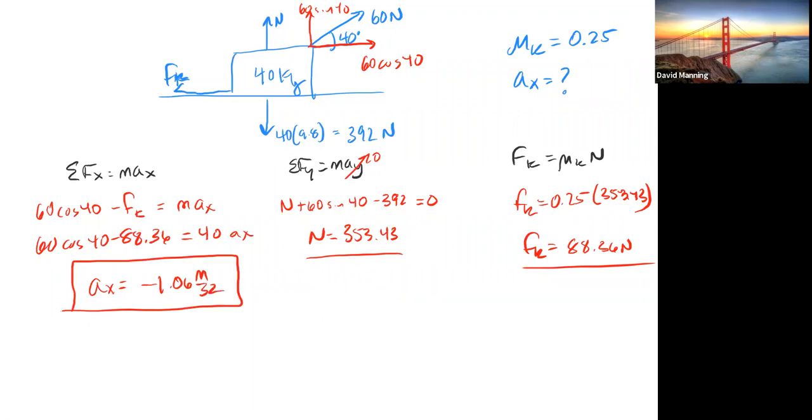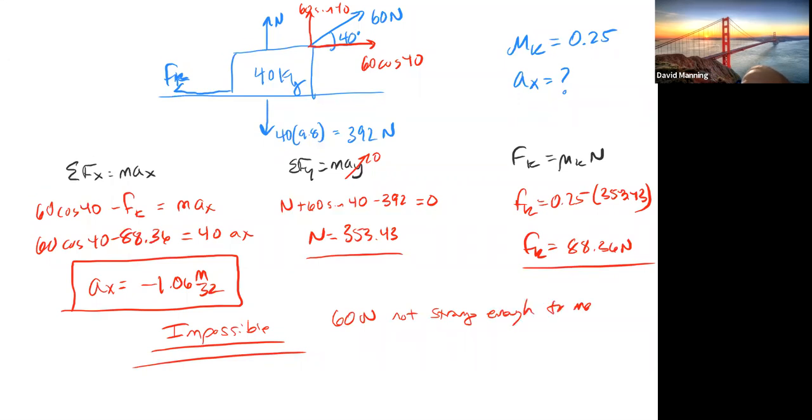Is this possible? No. This object cannot be moving with 60 newtons. This happens sometimes when you make up problems on the top of your head. But if you did all the steps correctly, that's what we're worried about.